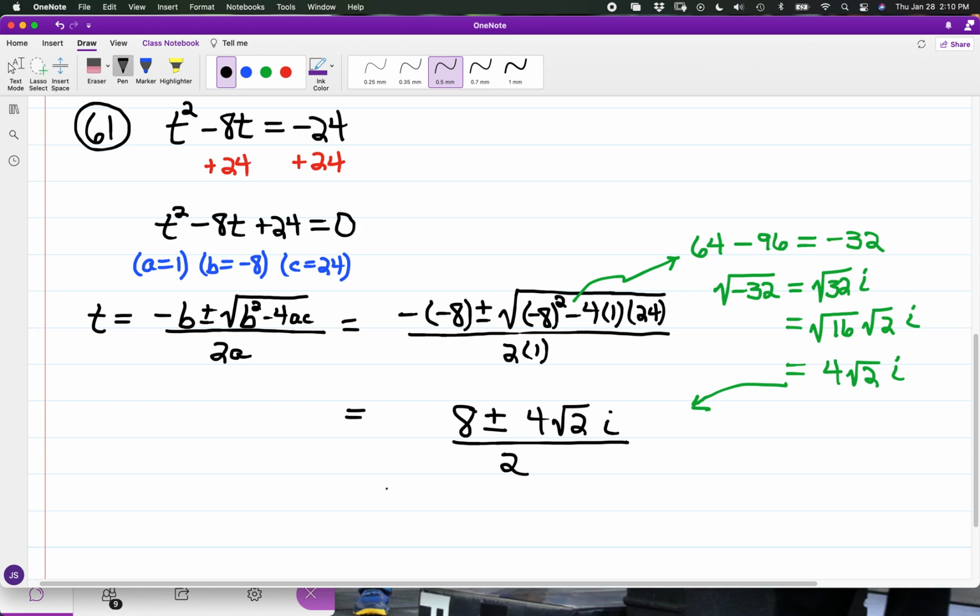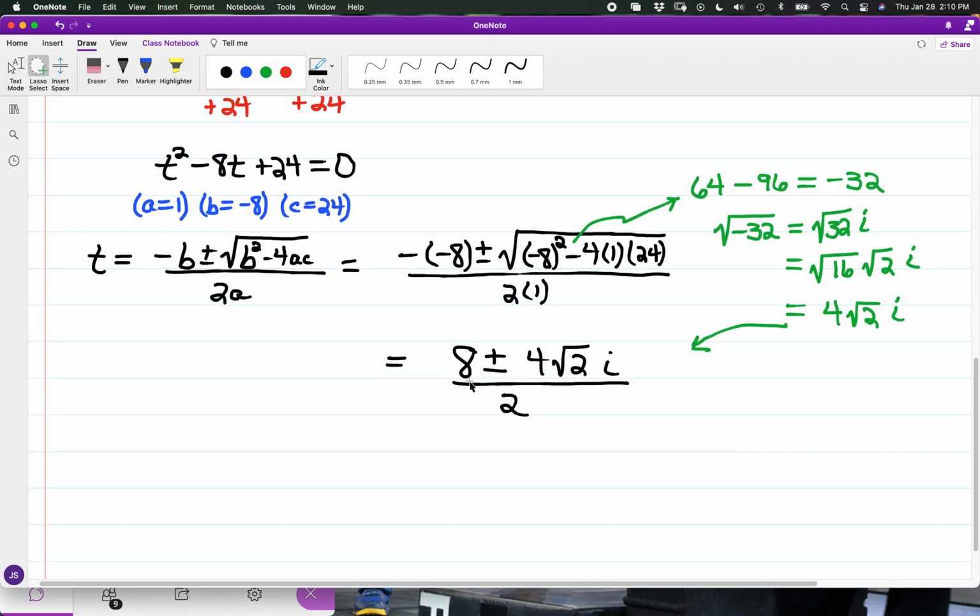And notice we have even valued leading coefficients, and we have dividing by 2 in the compact notation. So 8 over 2 goes to 4. And plus or minus, 2 would go into 4 square root of 2i, which would be 2 times the square root of 2i. So this would be your compact notation.